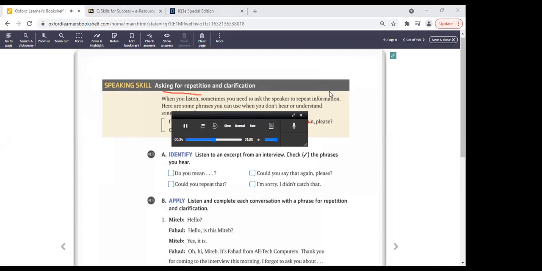Could you say that again, please? Sure. What was your major in college? Well, I got my degree in design. I took a lot of computer classes, too. I wanted to use my design and computer skills. That's why I want a career in web design. I see. And do you have any experience in advertising? Do you mean work experience? In a company? Yes, you need 2 years of experience for this job.